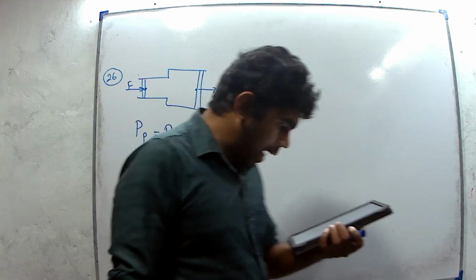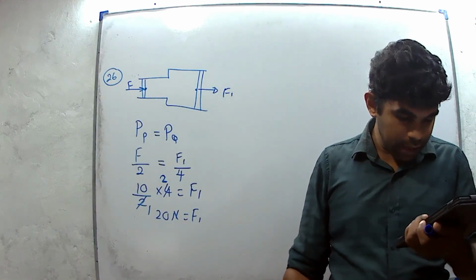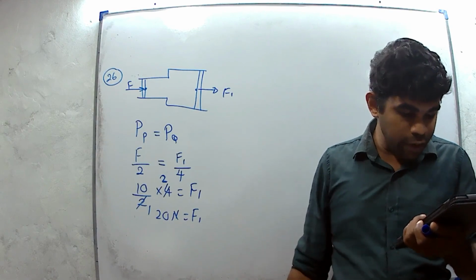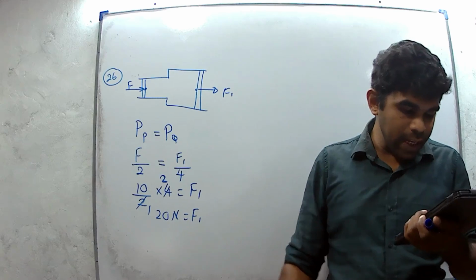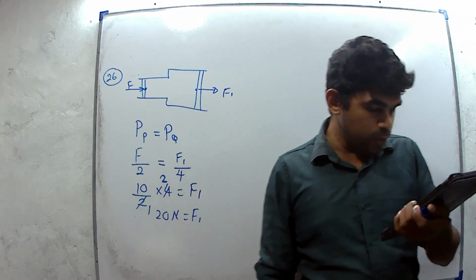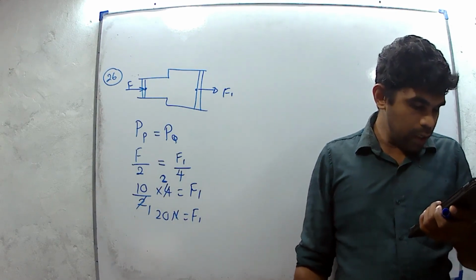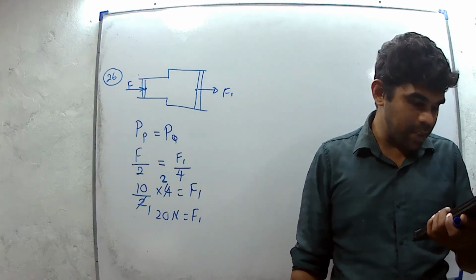Now they have given that when the surrounding temperature is decreased, the liquid inside solidifies. The solidified block moves freely inside the system and the new force produced on Q due to the force F equals 10 becomes F2.